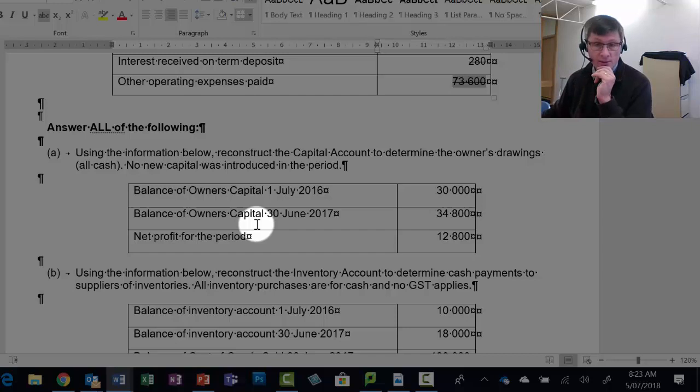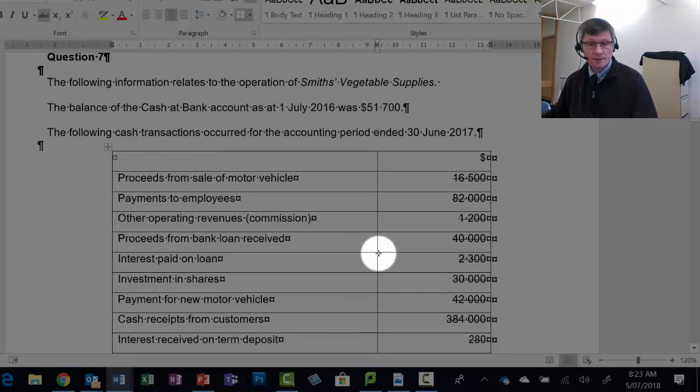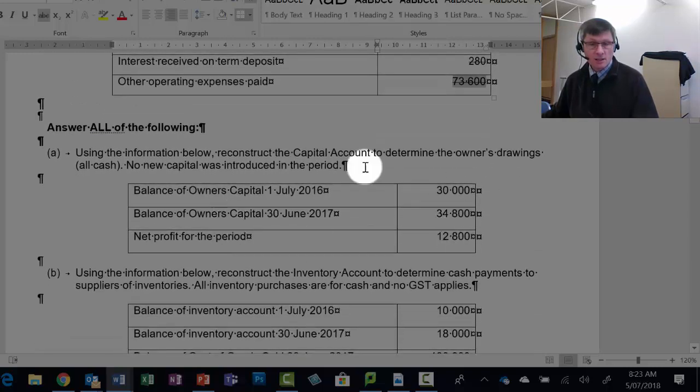But you have got some information here. You have to determine the owner's drawings, and they say that no new capital was introduced for the period. Sometimes you may see that drawings are up in here. You still have to do this account to reconcile to see whether there's any capital being introduced. So be careful about that if you get a question on it.